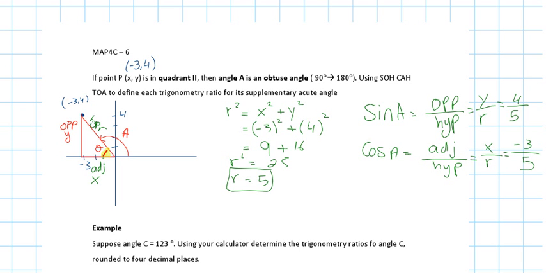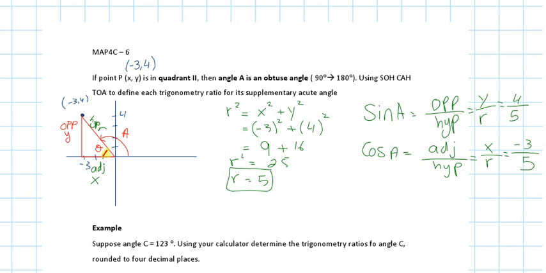Stop right there and look. What's the value of cosine? -3/5. So that's a -3 value.